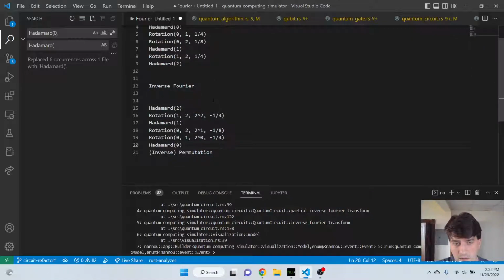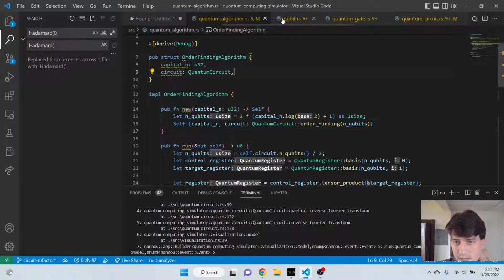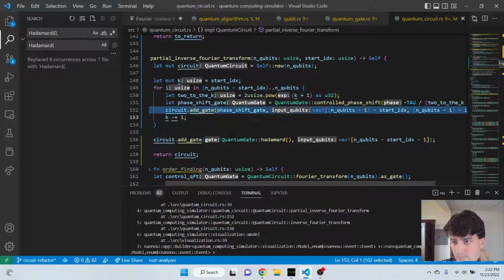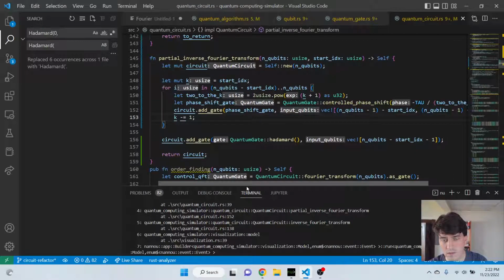And then I want to count down always from 2. So that's n qubits minus 1. And then we count down.